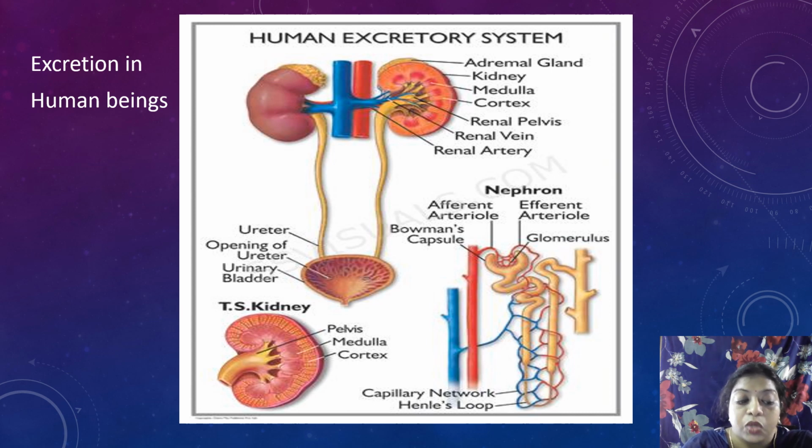The next stage will be the tubular reabsorption. Tubular reabsorption is the absorption of ions and molecules. What are the ions and molecules? The sodium, the glucose, the amino acids and water. All these are reabsorbed.